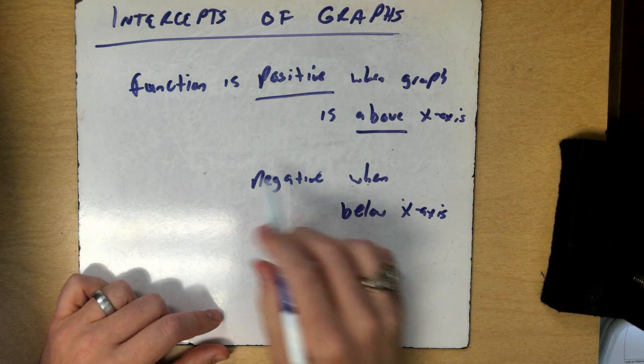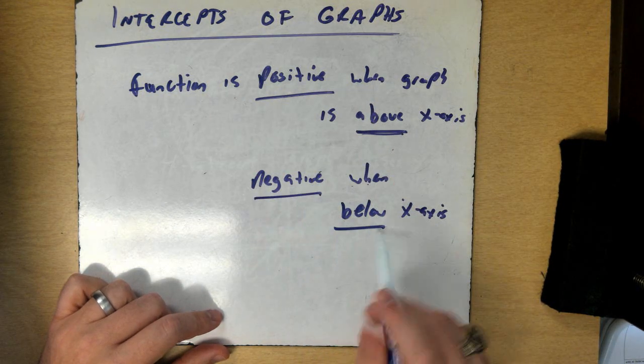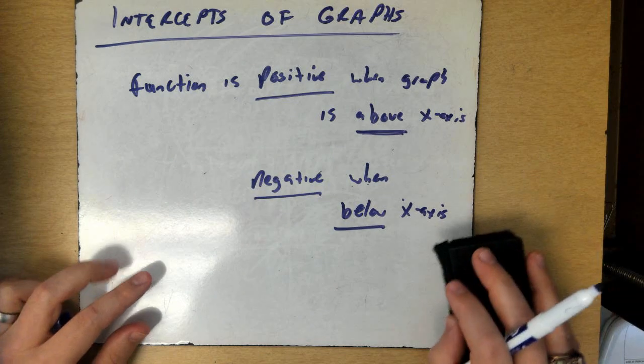So a function is positive when the graph is above the x-axis, and it's negative when it's below it. So what do I mean by that? I'll show you right here.